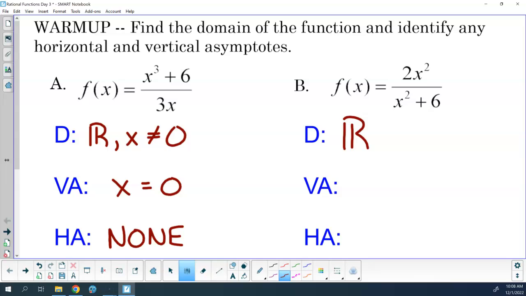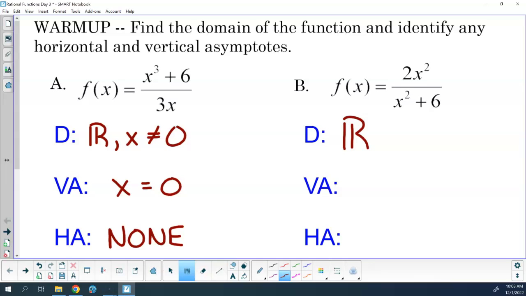Another way of thinking, if I put in any negative number and square it, that's going to be positive, and plus 6 makes it even more positive. If I put 0 into that denominator, 0 squared is 0, plus 6 is 6.